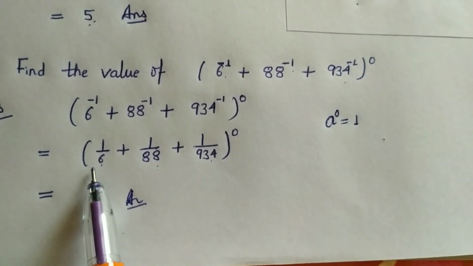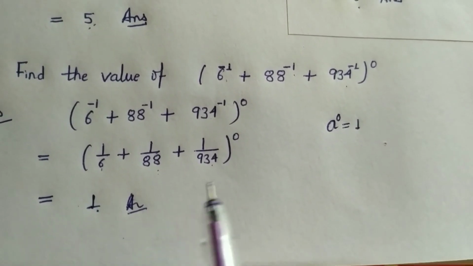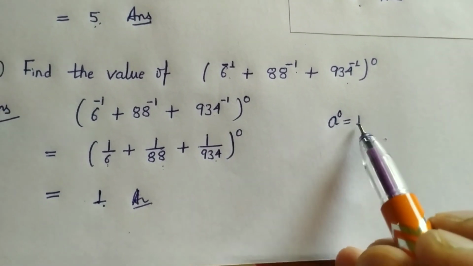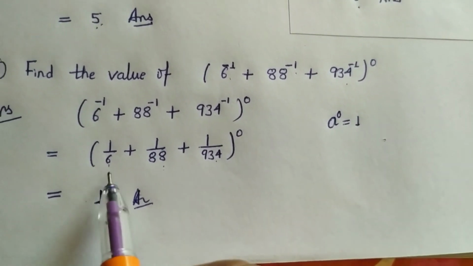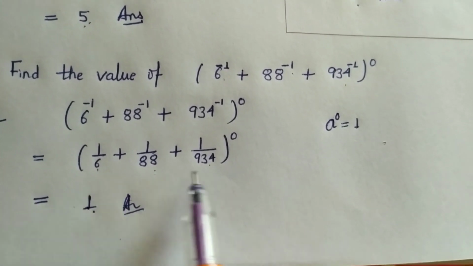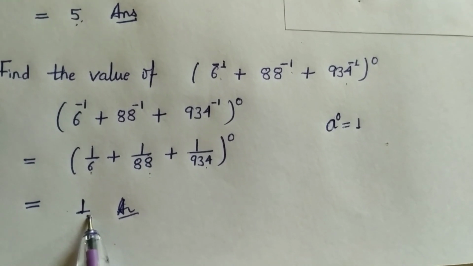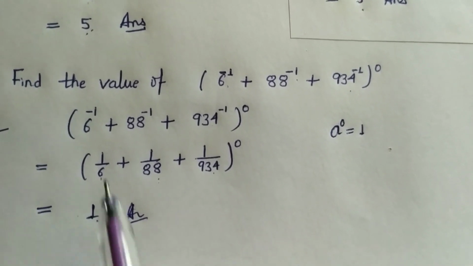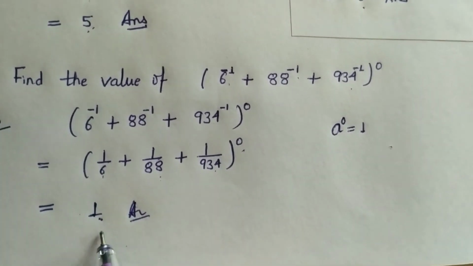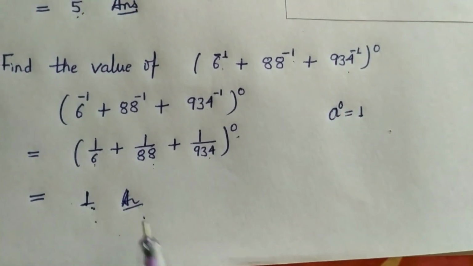As we know that a to the power 0 is 1, where a is not equal to 0. Here we can easily say that the value is not equal to 0. Therefore, we can directly write this as 1. Whole to the power 0 is 1. This is the required answer.